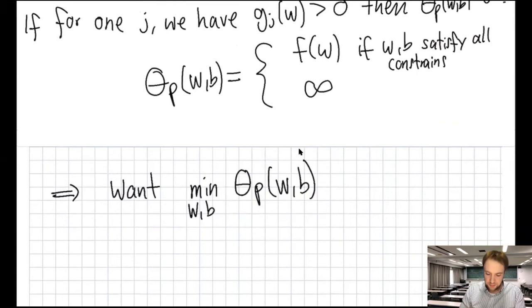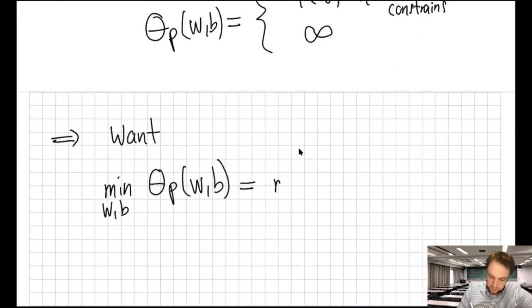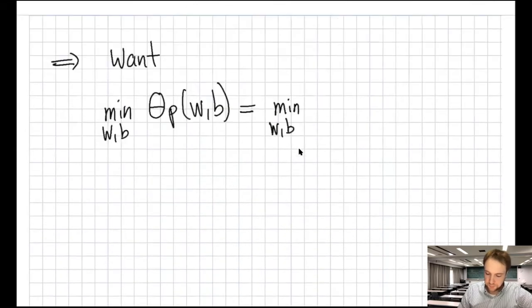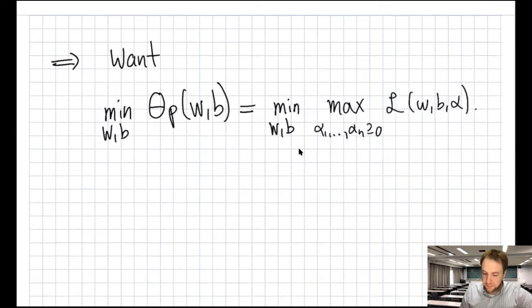And therefore, what was the definition of this theta p? Here we want to minimize over w, b, and the definition was that we want the minimum of the maximum of this Lagrangian.